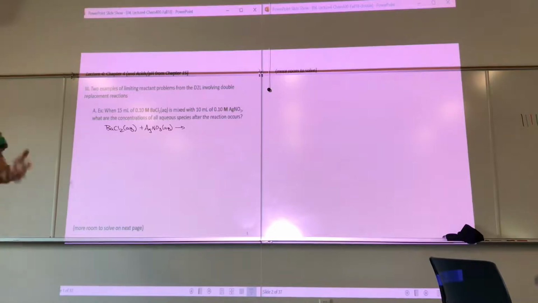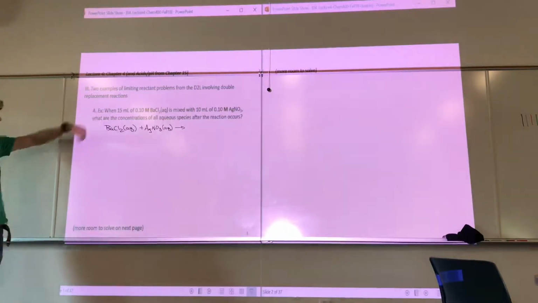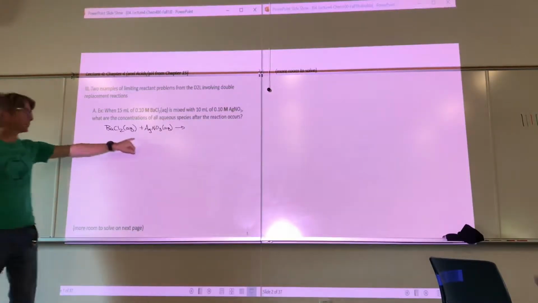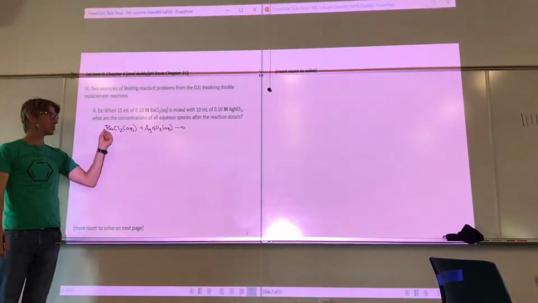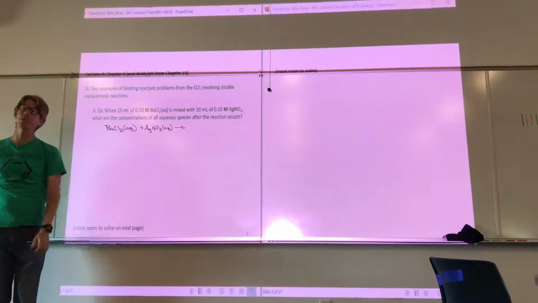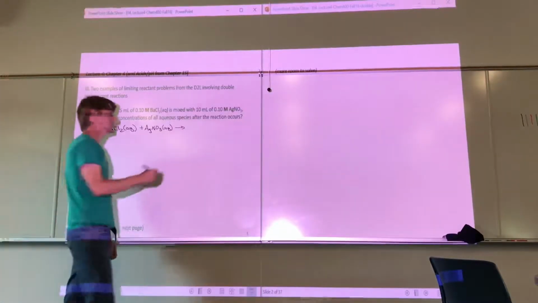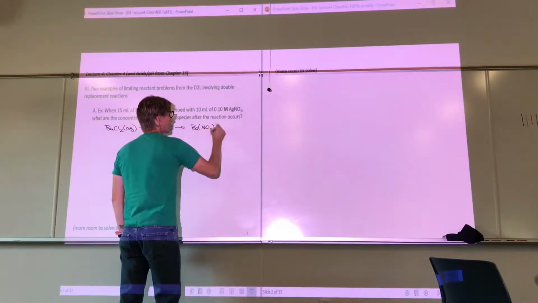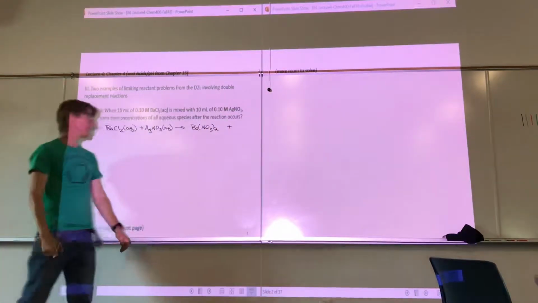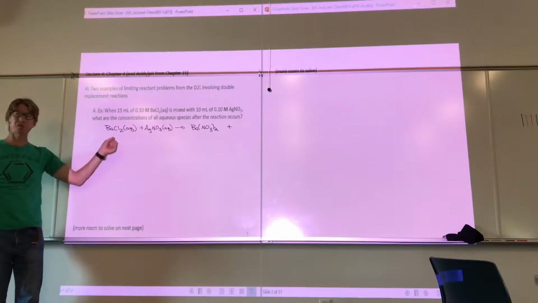That's a fine question, but I wouldn't pair that with the things we're doing here. For a double replacement reaction, you switch the positive barium 2 plus with the nitrate to make one of your possible products, barium nitrate. The other possible product is silver chloride.